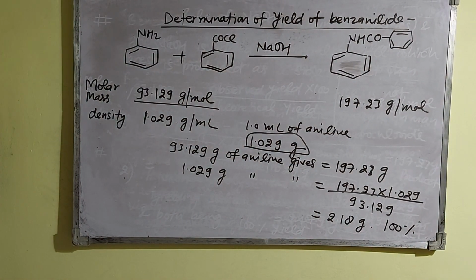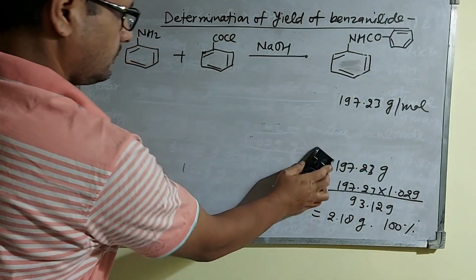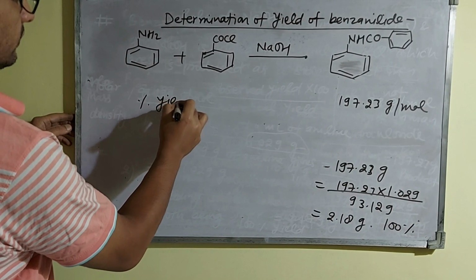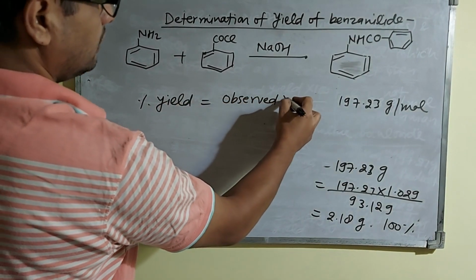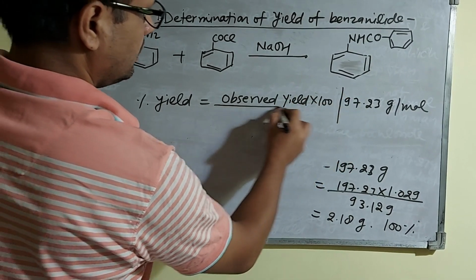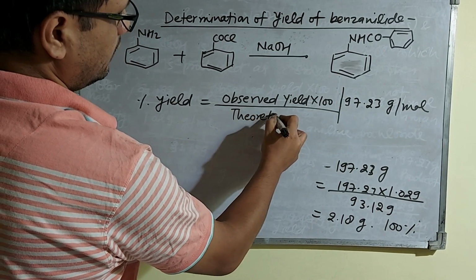So now let's see what the percent yield will be. So percentage yield is basically equal to observed yield or experimental yield multiplied by 100 divided by theoretical yield.